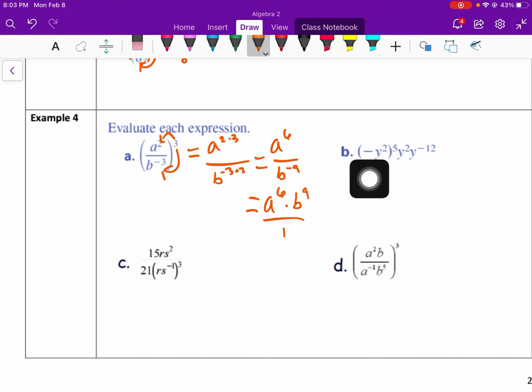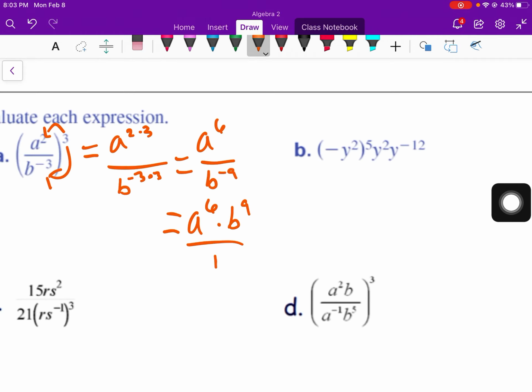Now in this case, we have a negative out front. So with a negative times y squared, it's a negative 1 times this value. So it's a product and we have a power to a power. We're going to have to distribute this 5 through here.